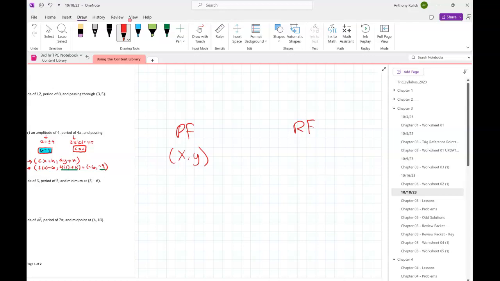When we graphed, we transform the points of our parent function to the points in our resultant function by using this transformation map, right? This was one of the things that we said you need to write down, needs to go on your note card, this transformation map. Like when we went and plotted points.